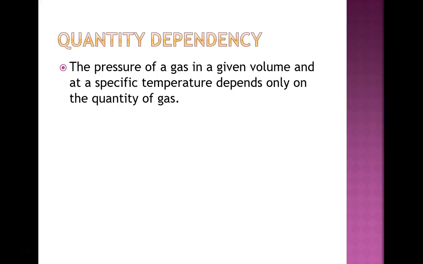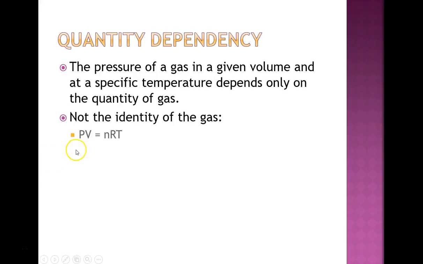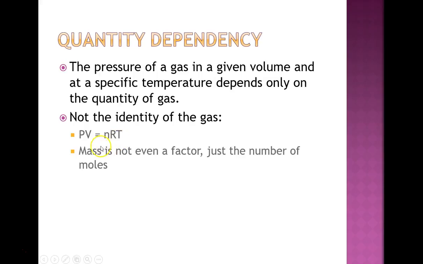The pressure of a gas in a given volume and at a specific temperature depends on the quantity of the gas, not the identity of the gas. Remember the ideal gas law, PV equals nRT, where P is pressure, V is volume, n is the number of moles, R is the constant, and T is temperature in Kelvin.